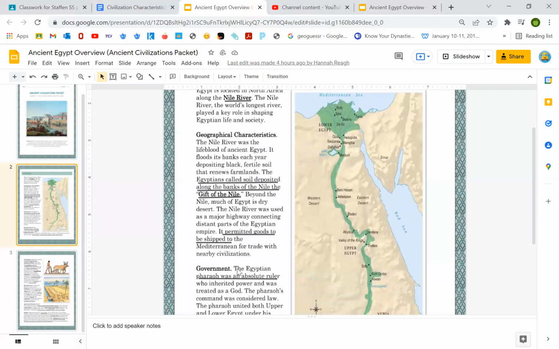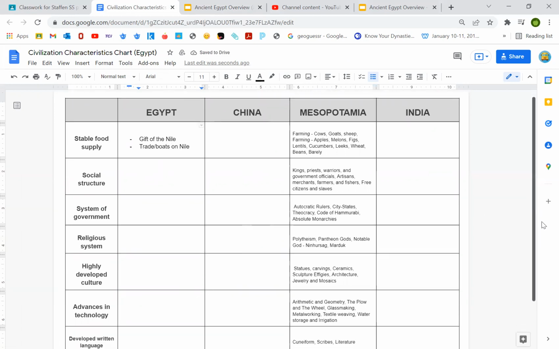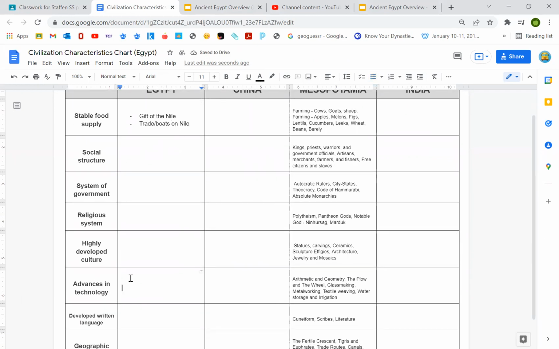The Nile permitted goods to be shipped because they used it for boating. So put trade or boats on the Nile. It's also evidence of technology, right? Because they had boats for trade.